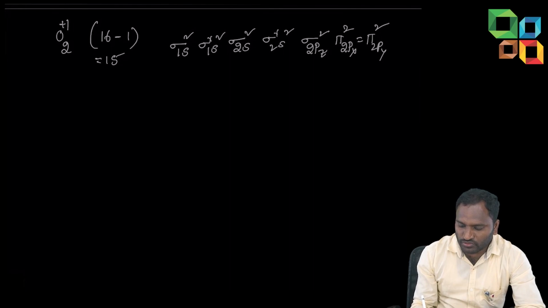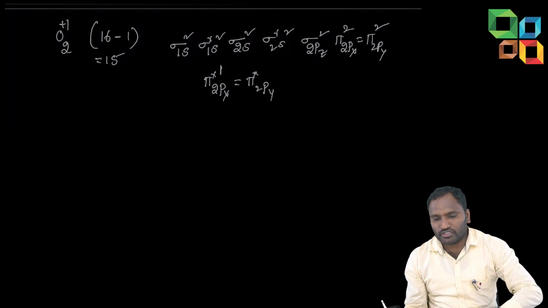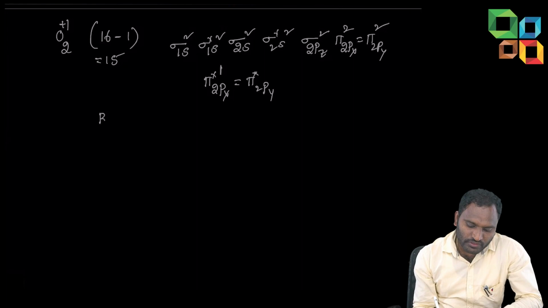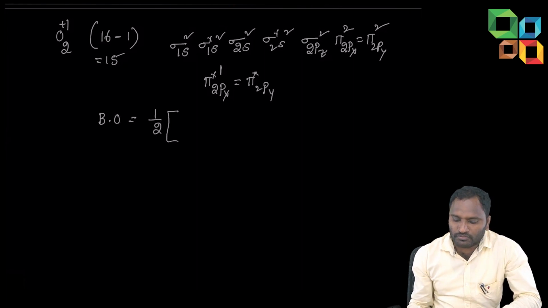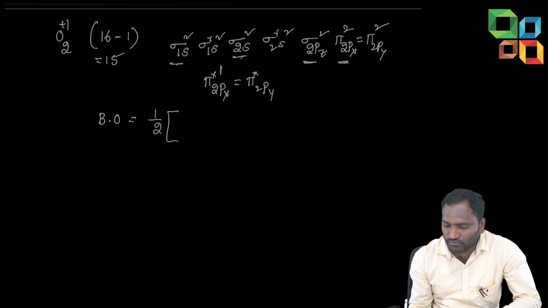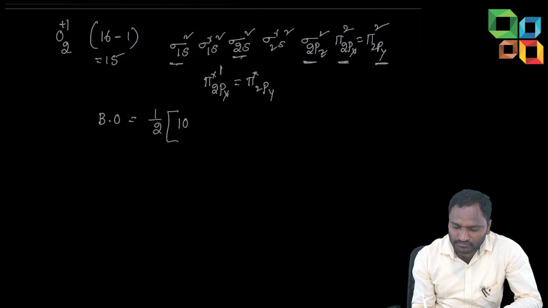One more electron will go to pi star 2px is equal to pi star 2py. Since we have only one electron, that one electron you keep in this. Now bond order is equal to half into number of bonding, 1, 2, 3, 4, 5, 10. Anti-bonding 2 plus 2, 4, 4 plus 1, 5. Bond order 2.5.